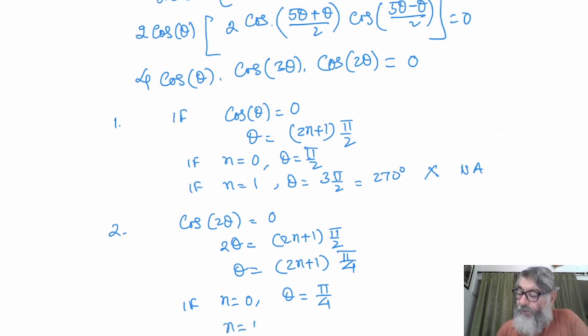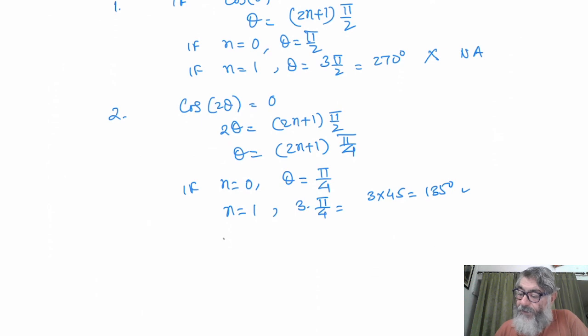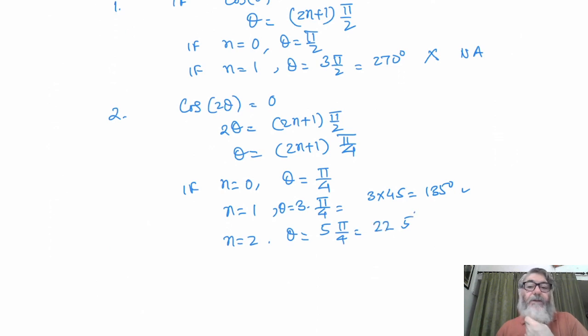If n is 1, then it will be 3 pi by 4, 3 into 45, 135, acceptable. If n is 2, theta will become 5 pi by 4, 225 degrees, which is not acceptable because it has to be less than 180.